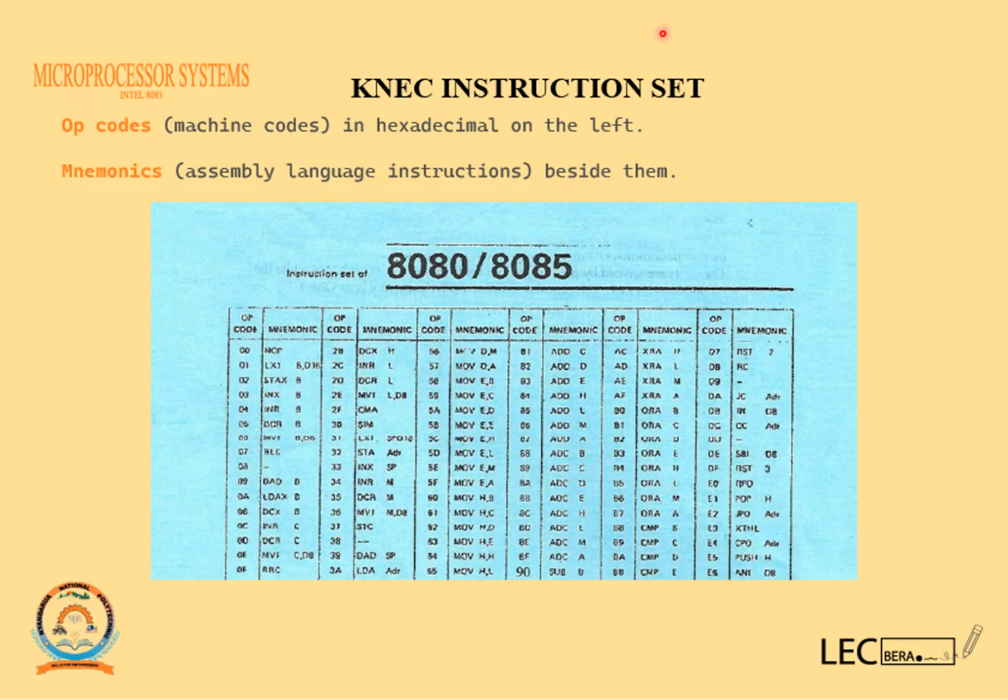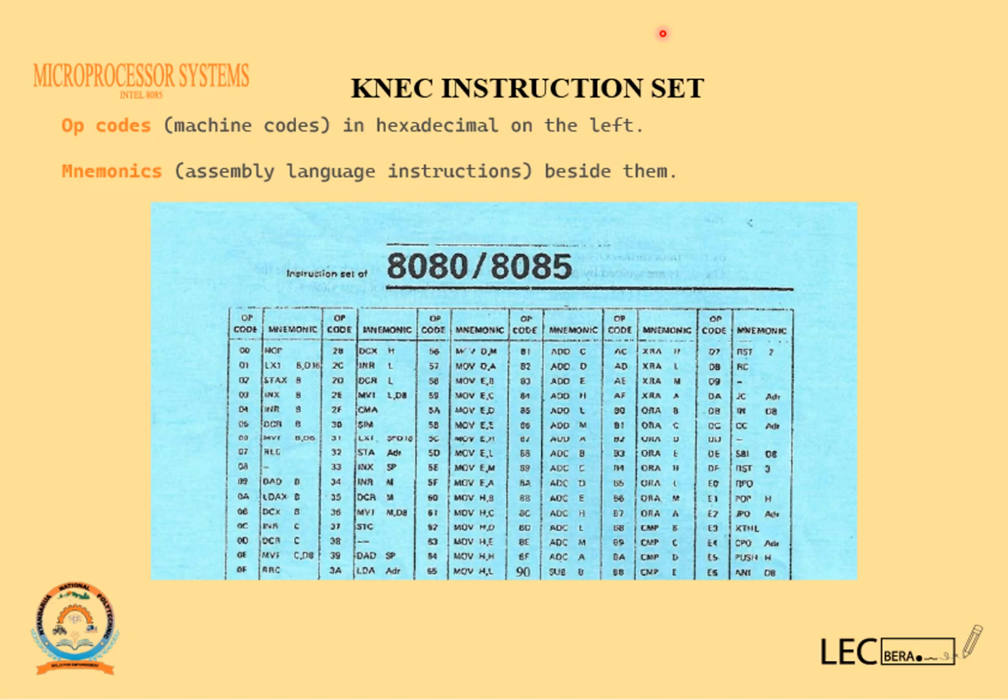Now, since we can program the Intel 8085, we have what are called instruction sets. Instruction sets are special codes, and these codes are used by the microprocessor to govern how it carries out its tasks.